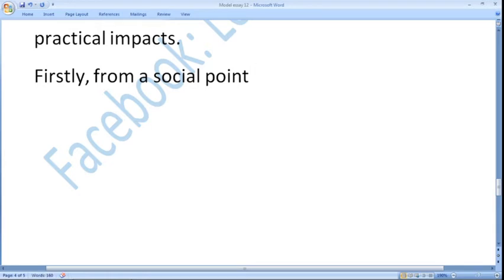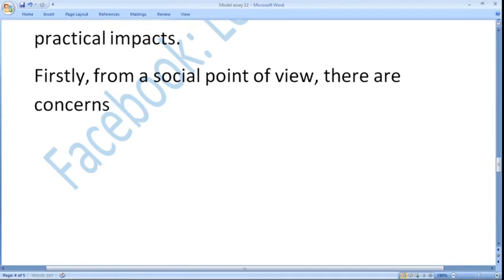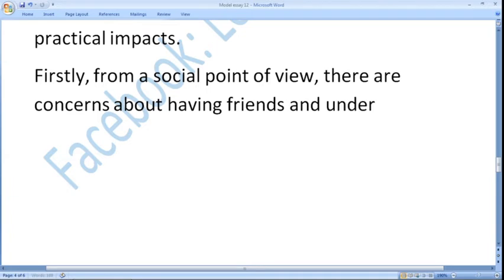Instead of saying social problems, from a social point of view, there are concerns about having friends and understanding foreign culture.